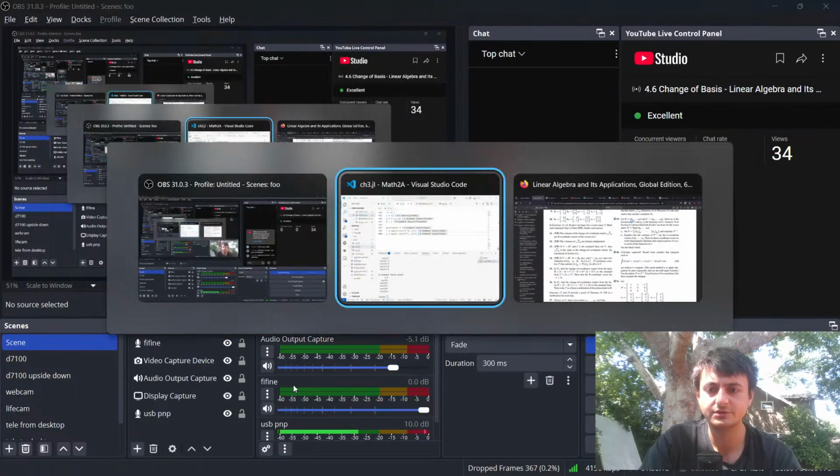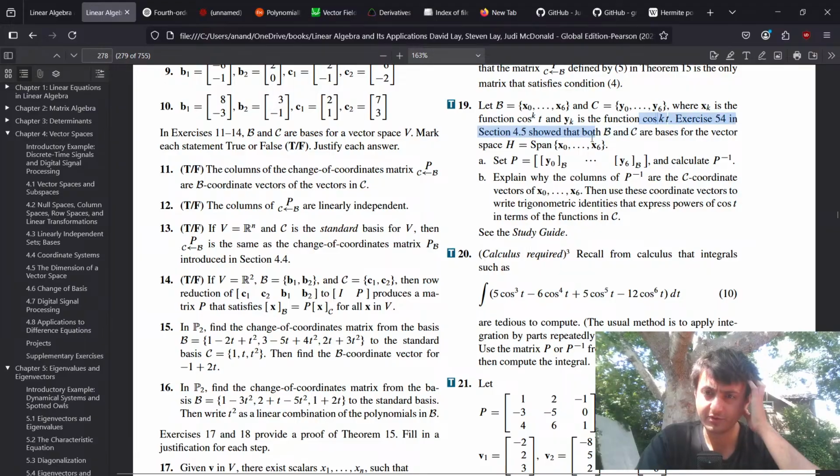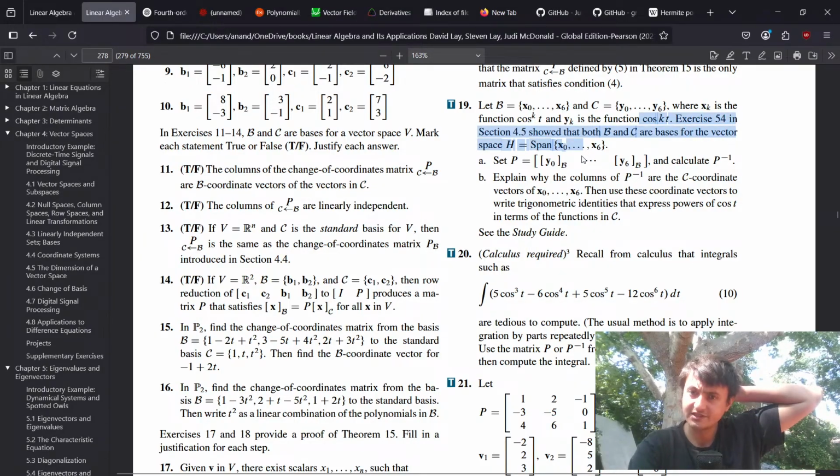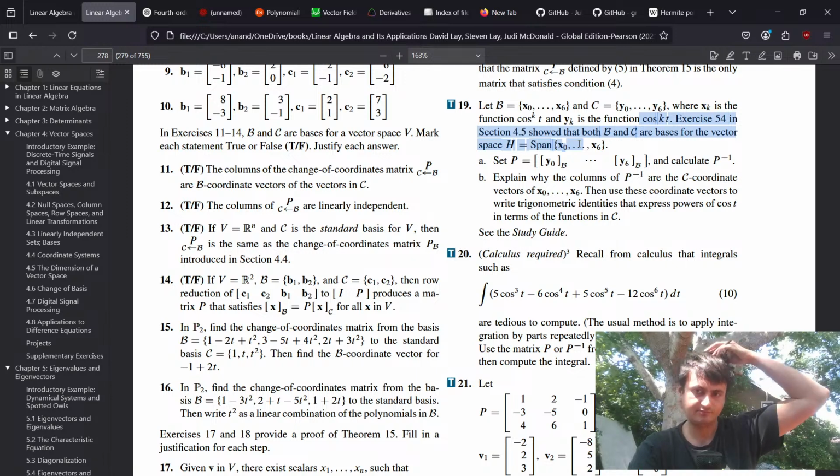So exercise 54 in section 4.5 showed that both B and C are bases for the same vector space H equal to the span of B. Interesting.